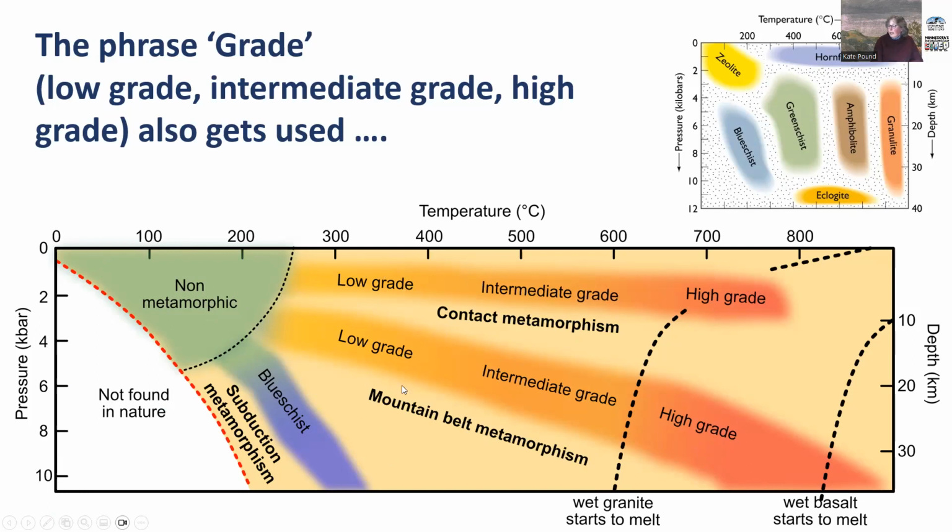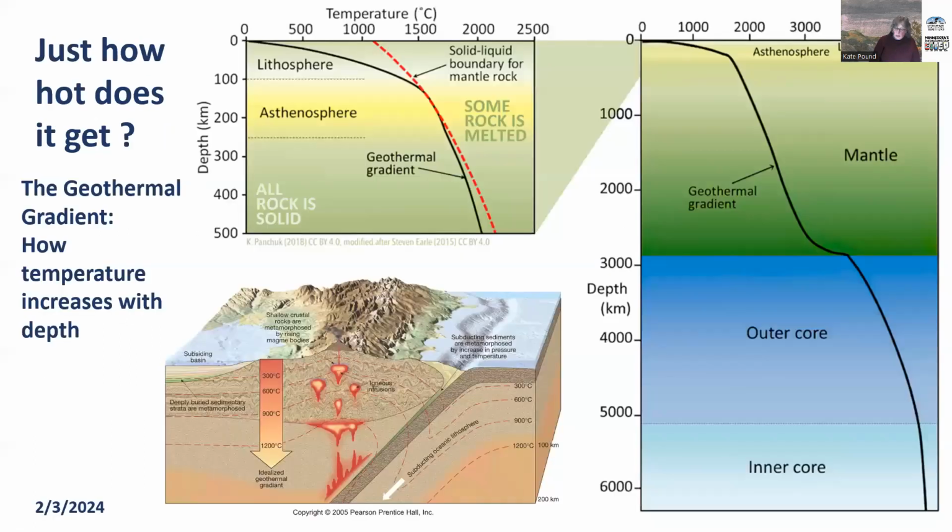There's low grade, intermediate grade, and high grade. And what I encourage you to do is compare these two graphs and see where they fit. How they match up. You may want to pause the video here.